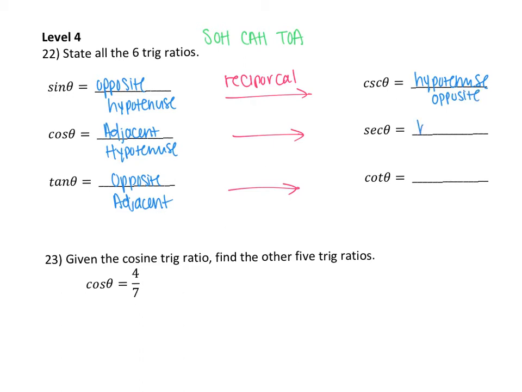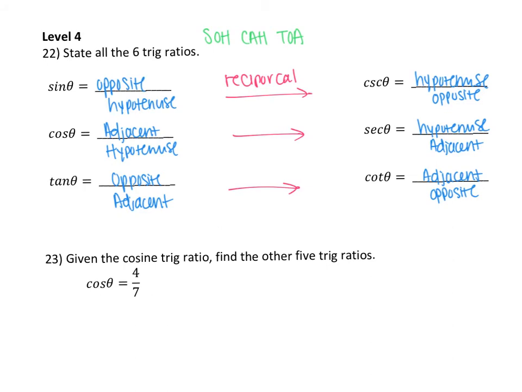For secant, you have the hypotenuse over adjacent. And then for cotangent, you have adjacent over opposite. Or sorry, not hypotenuse, opposite.